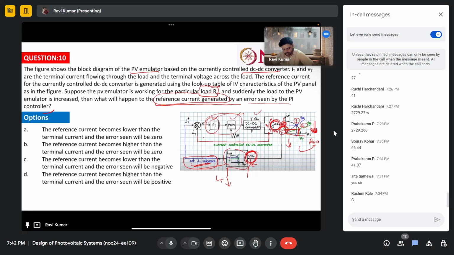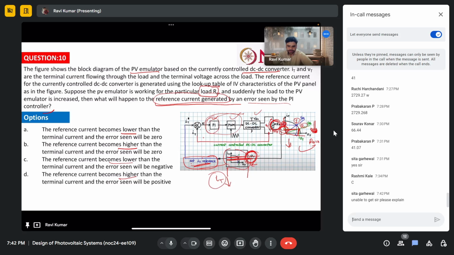And also here, first I, second I. So this IT should decrease. Okay, so these are the options. It says the reference current becomes lower, the reference current becomes higher, the reference current becomes lower, the reference current becomes higher. So first thing is clear.